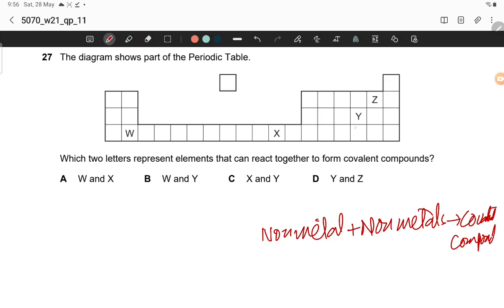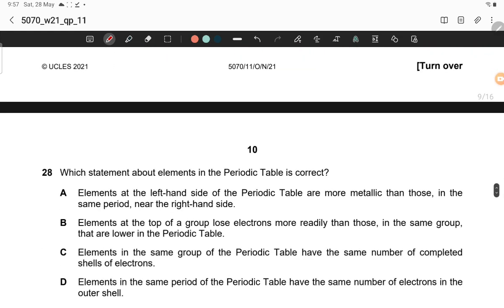So Y is a non-metal, while these are metals. So Y and Z are non-metals. D option is correct.